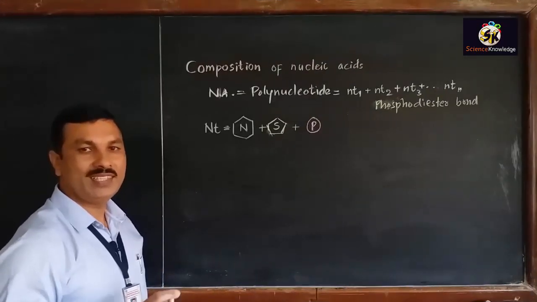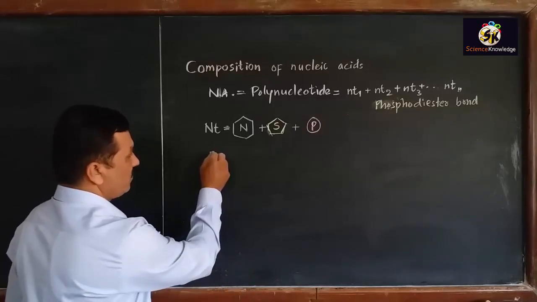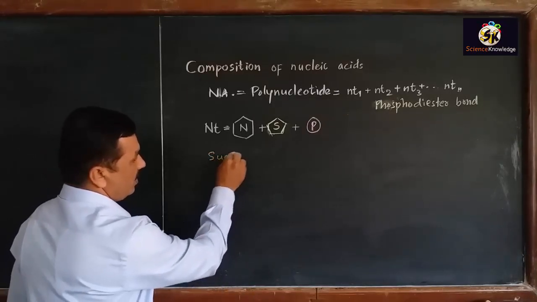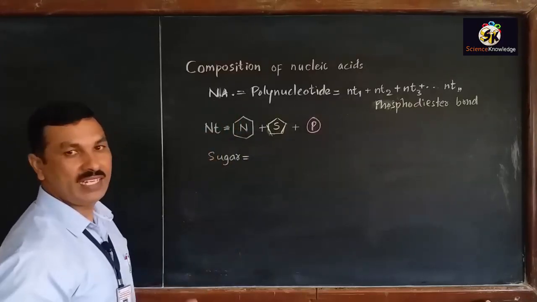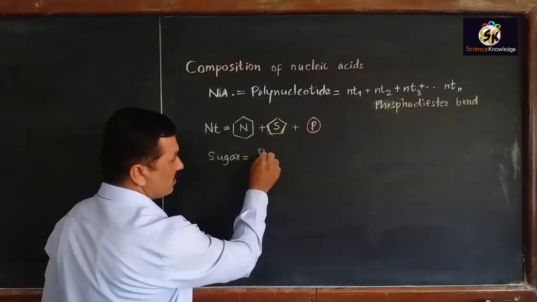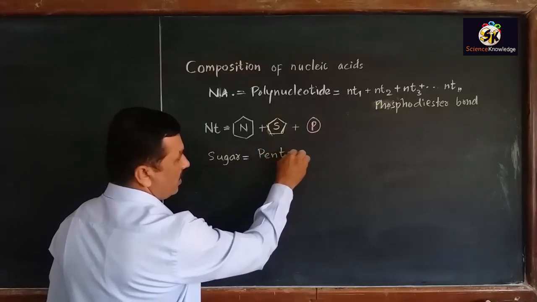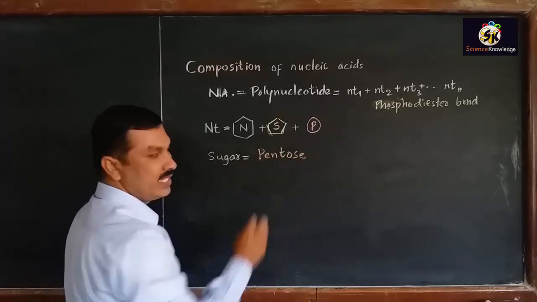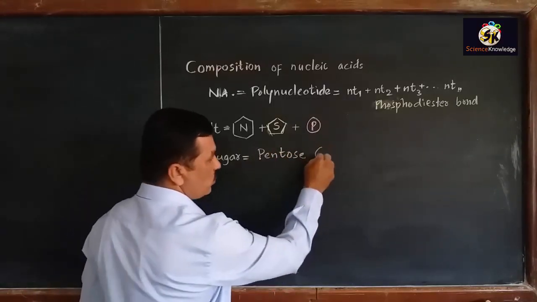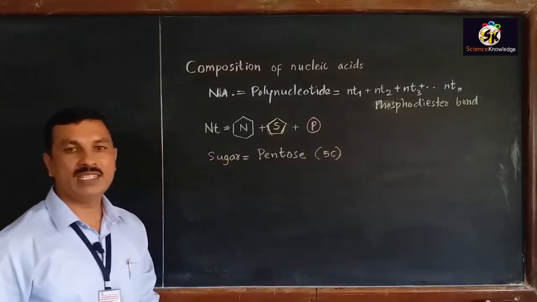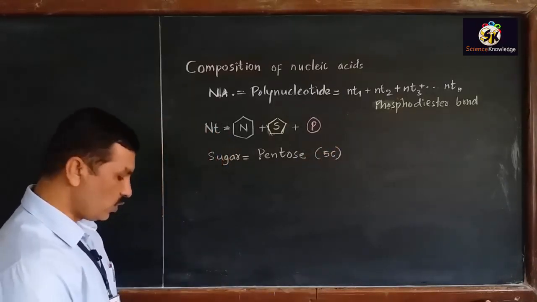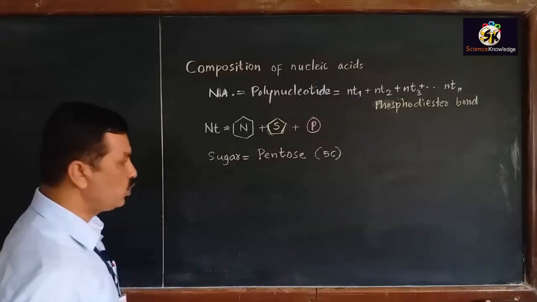Okay, so let us see the structure of sugar. The sugar which is present in nucleotides is always a pentose sugar. And this pentose sugar is characterized by the presence of 5 carbons, so it is a 5 carbon structure. Now let us draw the structure of ribose sugar.